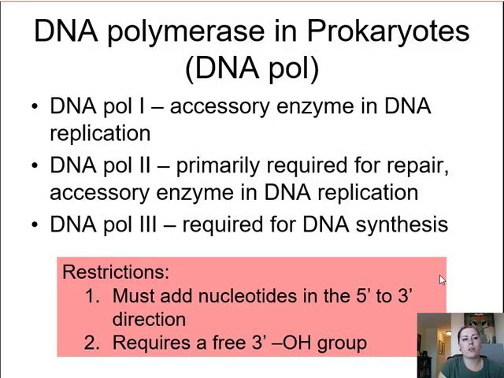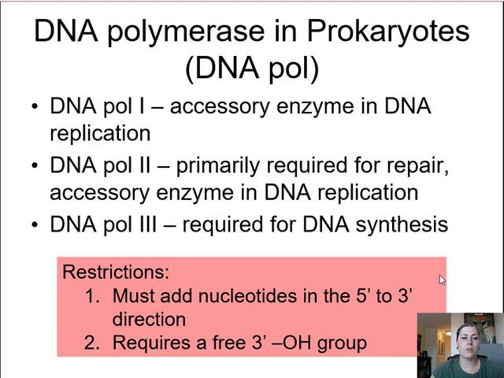Now there are some particularly important enzymes called DNA polymerases that are essential in the replication of DNA. So these are specific to prokaryotic cells. DNA pol 1 in prokaryotic cells is an accessory enzyme during DNA replication.